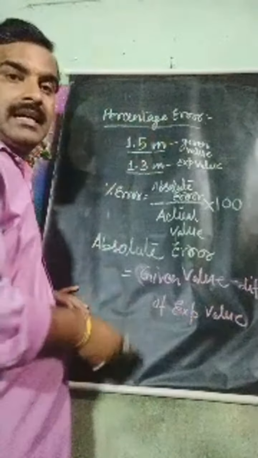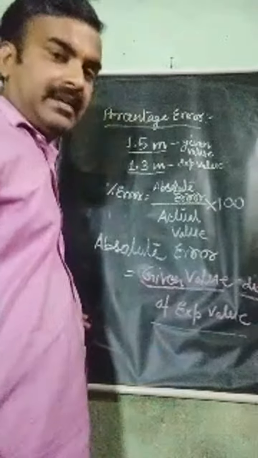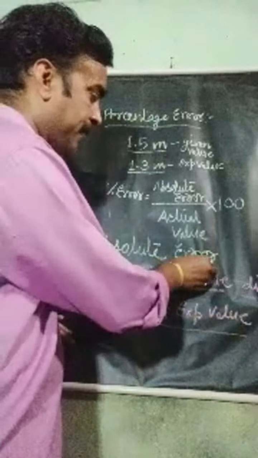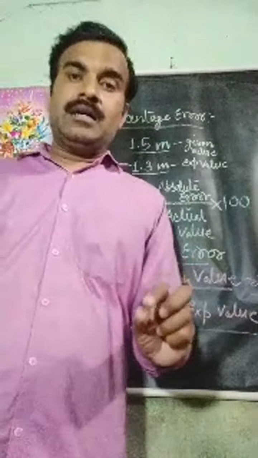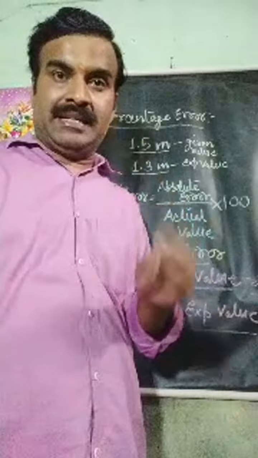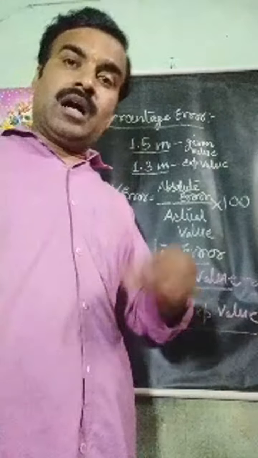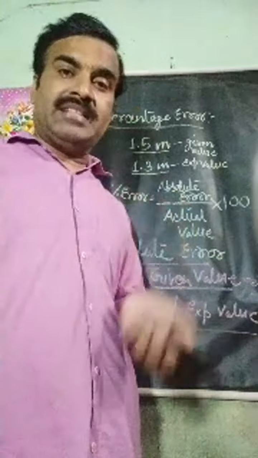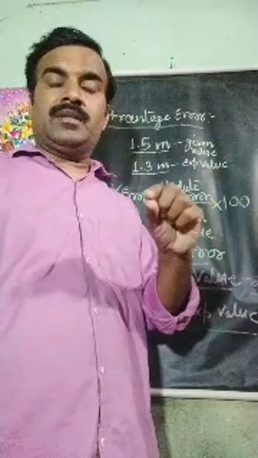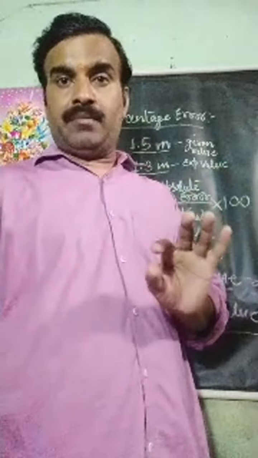That means how much is the difference between the given value and the experimental value. In this way, we can calculate the absolute error. Absolute error is the difference between the actual value and the experimental value. That means how much the actual value is given, and after measuring, how much you are getting. Keep this in mind, it's a difference.